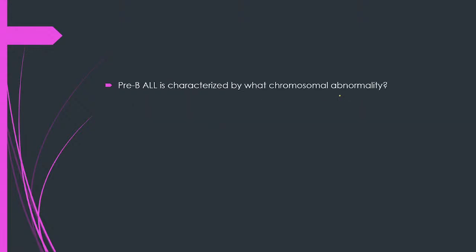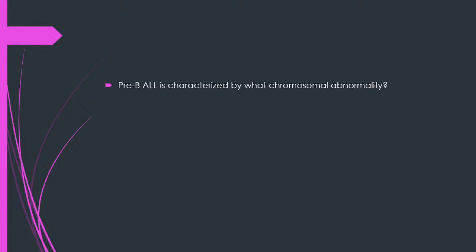All right. So what we call pre-B ALL means that the pre-B cells have an abnormality in the chromosomes, specifically trisomy 21. The abnormality is trisomy 21.